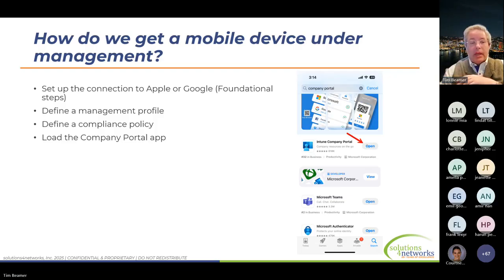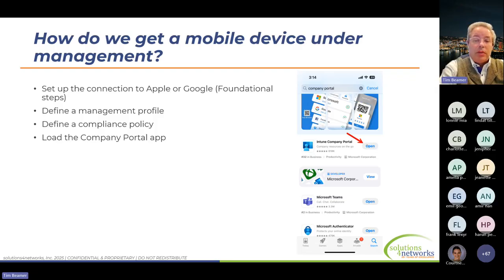Once that's in place, the end user will load the company portal app, and there is a company portal app for both iOS and Android. You can see in the graphic, I think this is on an Android device, but I could be wrong. They all kind of run together after a while, but they look similar for either device.